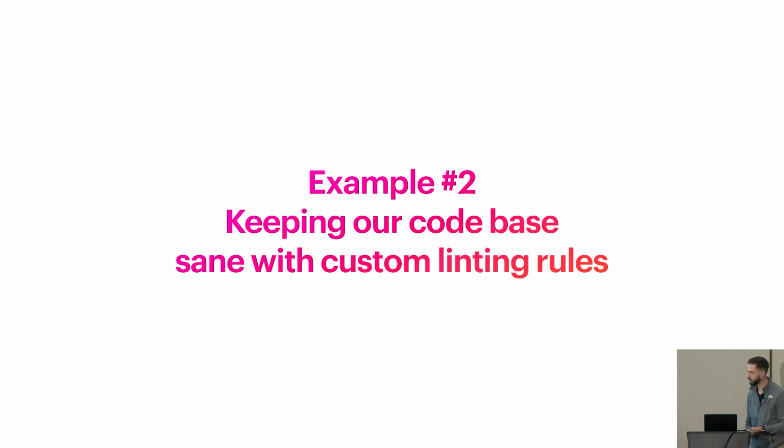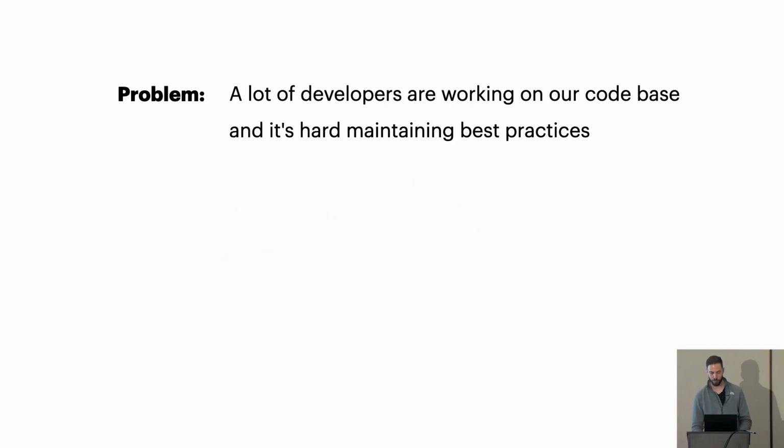Okay, so the next example that I want to show is keeping our code base sane with custom linting rules. So the problem is, in our code base, we have a lot of developers working on it, and it's just hard maintaining best practices, right?